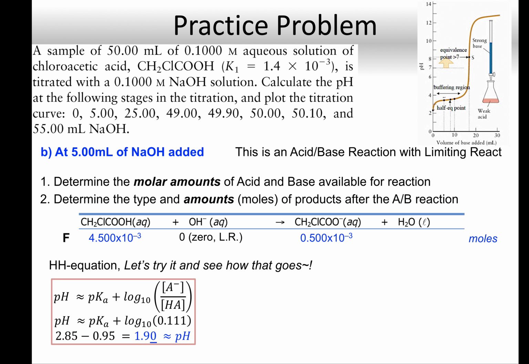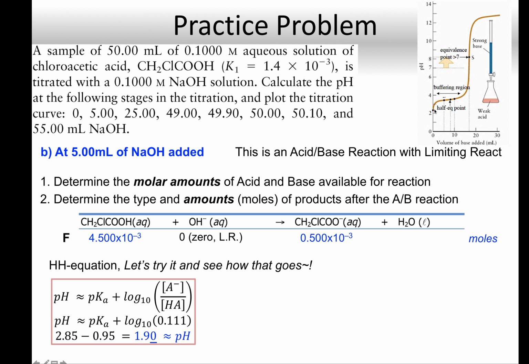The Henderson-Hasselbalch equation, HH equation, is here. You should remember this equation is very important. It applies for systems that we consider buffers under certain conditions. So we're trying it here, see how it goes. Substituting the right amounts in this case lead us to have a pH of 1.90. Wait a second, 1.90.